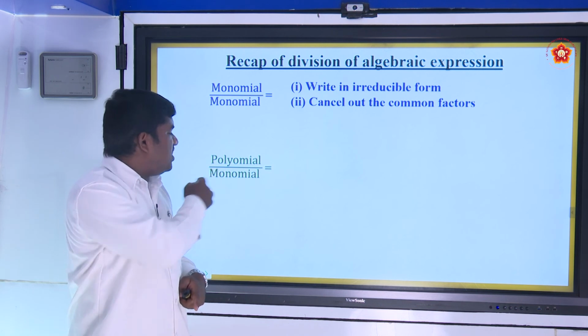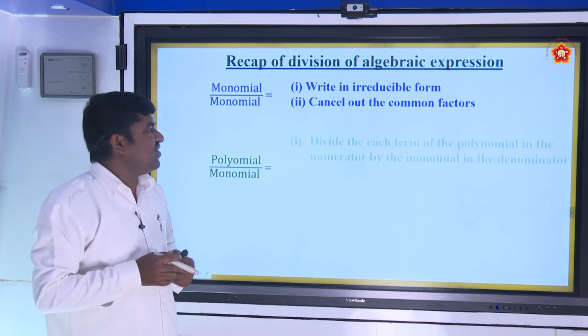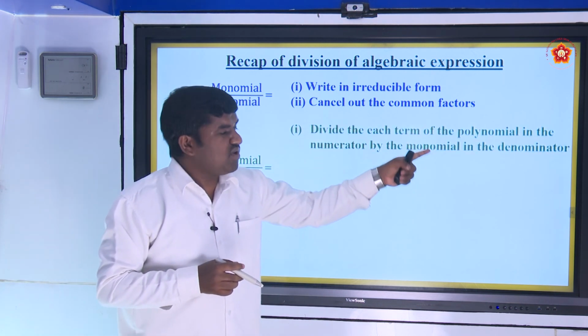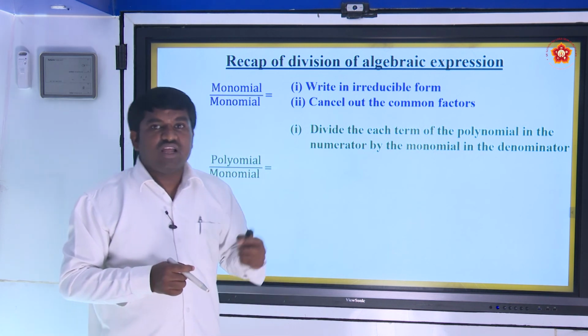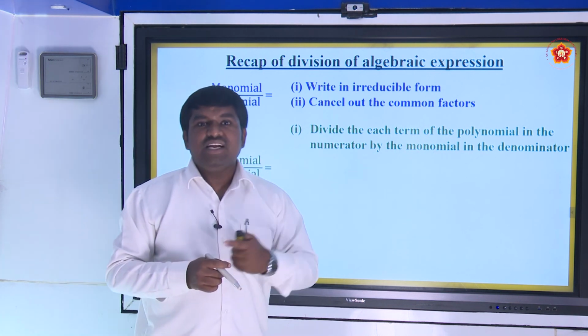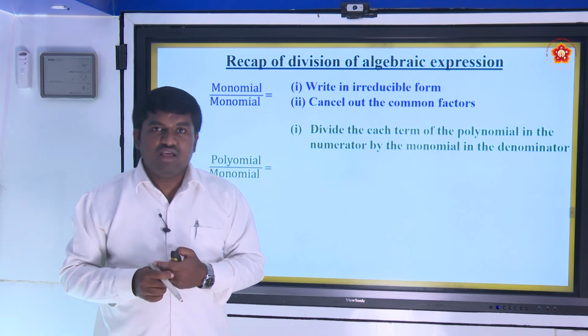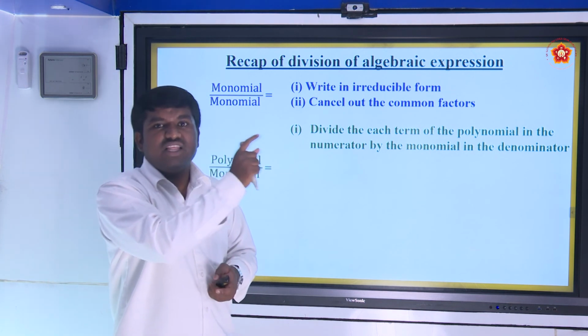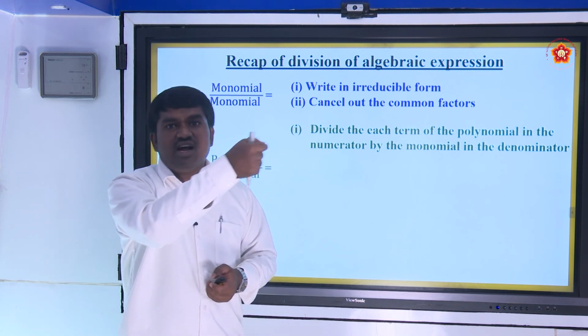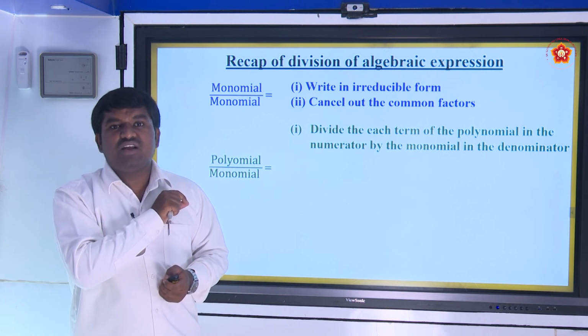If you have polynomial divided by monomial, what do we have to do? Divide each term of the polynomial in the numerator by the monomial in the denominator. You have a polynomial in the numerator and a monomial in the denominator.